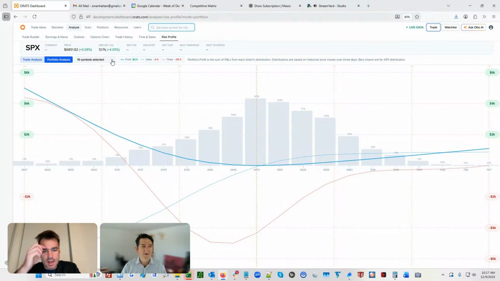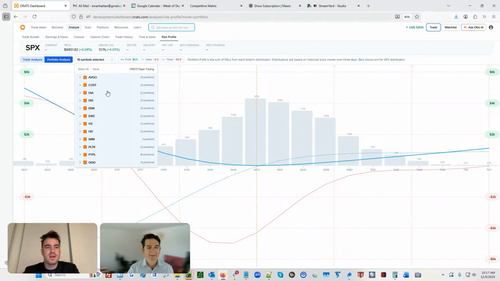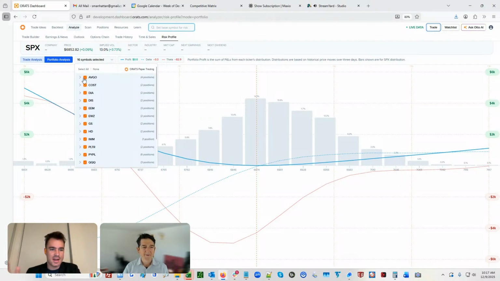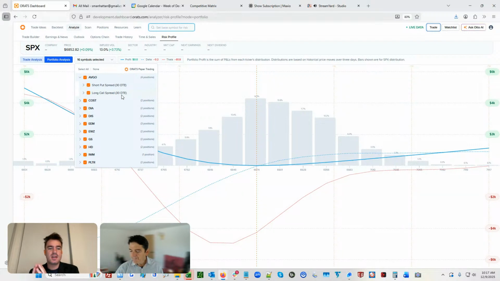It's really neat, and I just want to explain what we're doing. You might still wonder, how are you standardizing all of these symbols? We're standardizing it through the one, two, three standard deviation moves of the stock, using each individual stock's distribution.